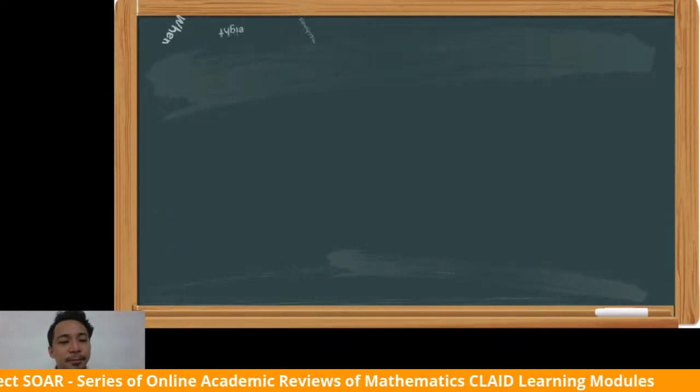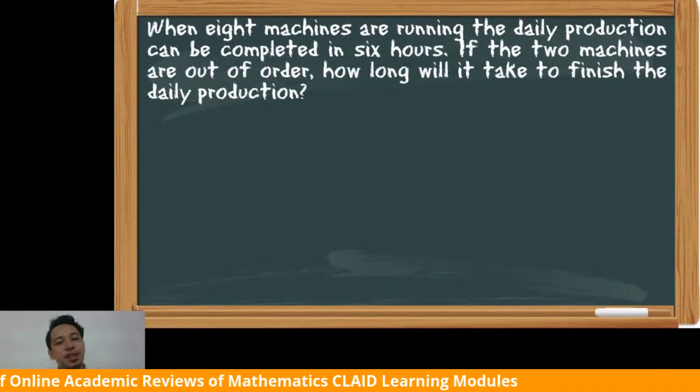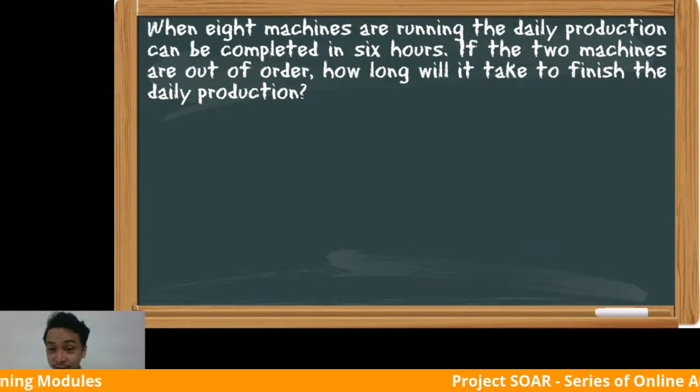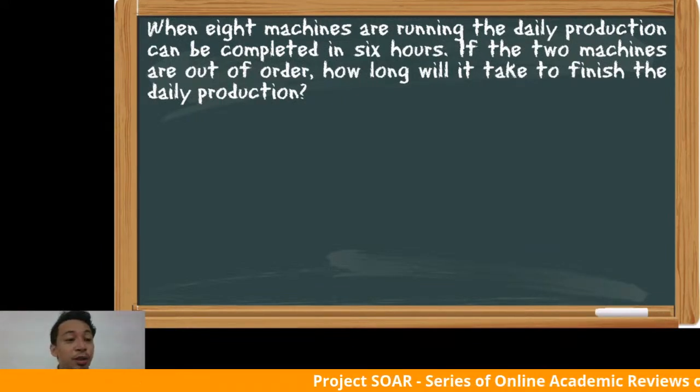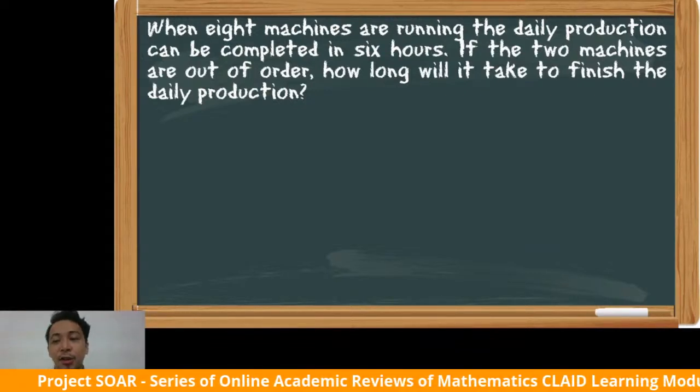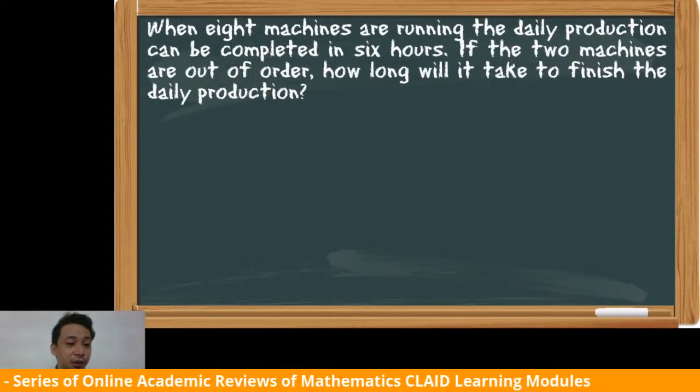Let's have this one. When 8 machines are running, the daily production can be completed in 6 hours. If 2 machines are out of order, how long will it take to finish the daily production?